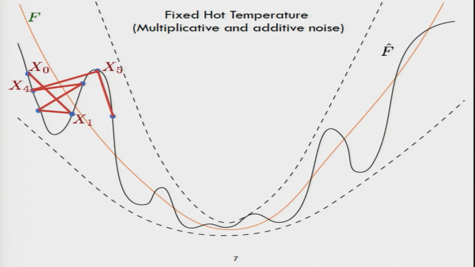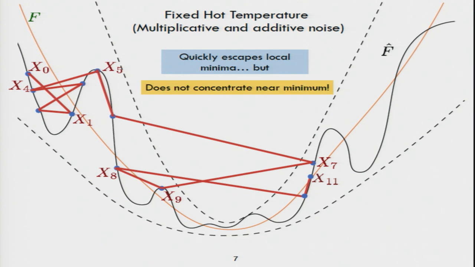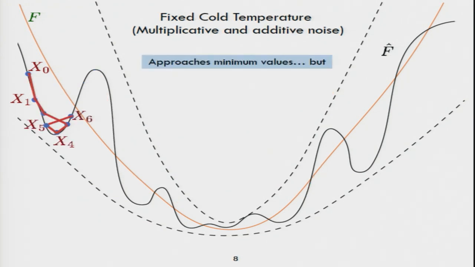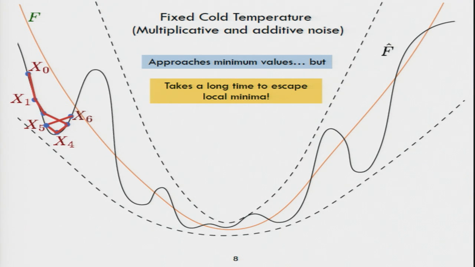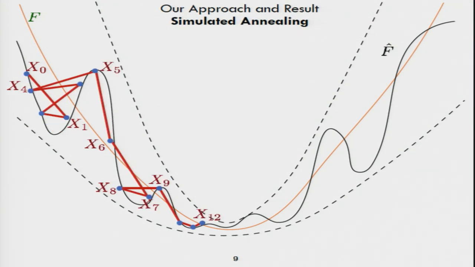If we use a fixed hot temperature, then the Markov chain will quickly escape the local minima, but it will not concentrate near the global minimum. On the other hand, if you run this Markov chain at a fixed cold temperature, it will approach minimum values of f hat, but it will get stuck in the local minima and take a long time to escape them.